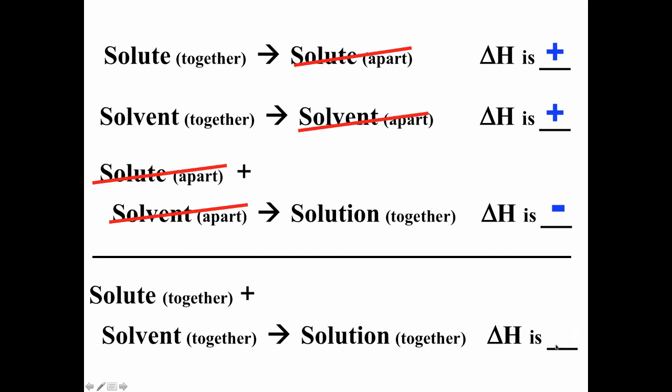And now that is going to be possibly positive and endothermic or possibly negative and exothermic, depending upon how big these values are relative to each other, because you have some positive values and some negative values, and when you add them up, whether the total is positive or negative depends upon their relative magnitudes. And here's a way to look at it in a graphical manner. We have solute and solvent.